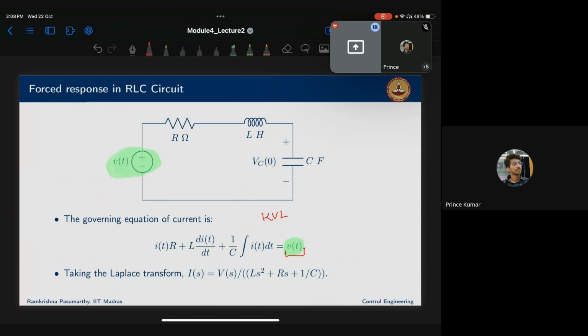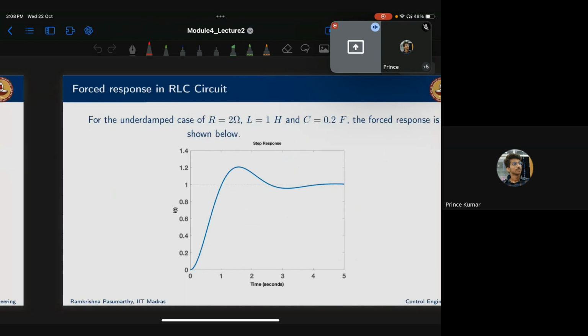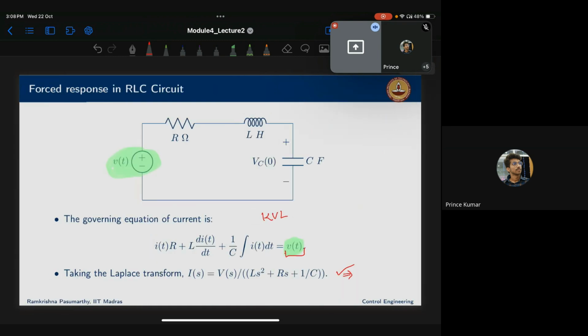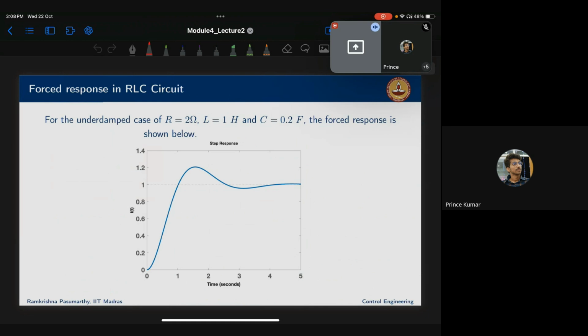Again, take the Laplace transform on both sides, and again you will get the quadratic equation like ax square plus bx plus c. So now by finding the roots and observing the case for these three values of RLC for the forced response.